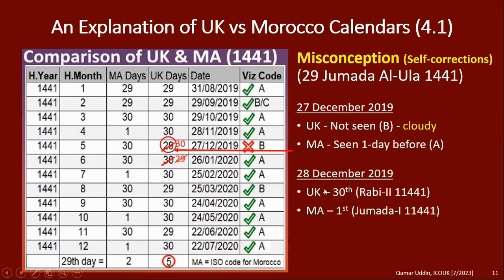the UK. Now look what happens the following month, which is 30 on 26th of January. That month, which would have been 30 if the previous month ended with 29, but then it becomes 29.